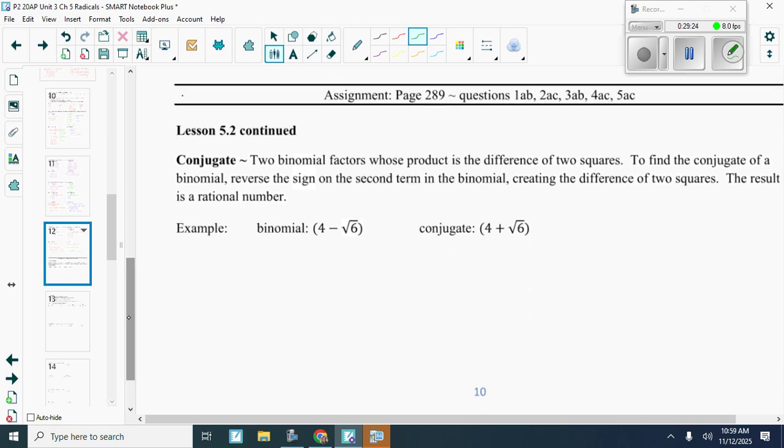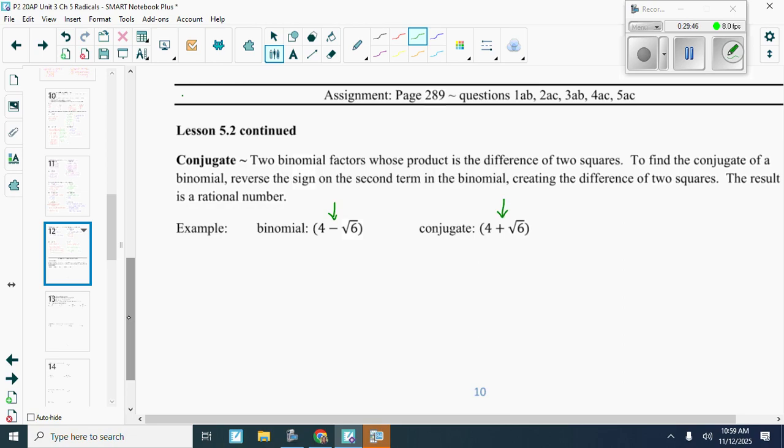Two binomials that just reverse the sign in the middle. For example, here's a binomial and they'd say, what is its conjugate? You would write the exact same numbers except you would reverse the sign. So if one's a negative, its conjugate is a positive.